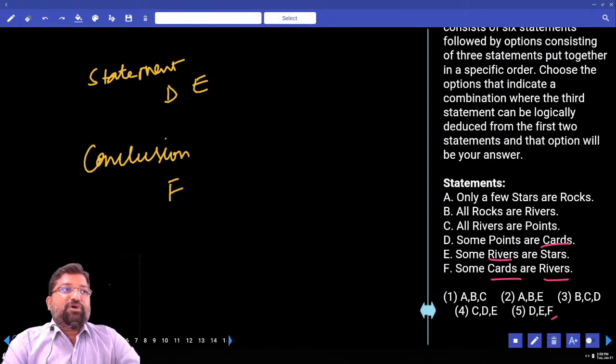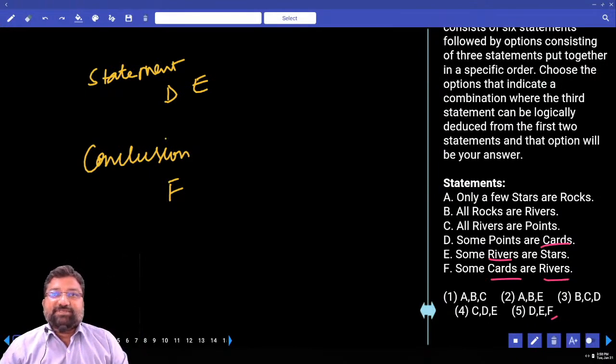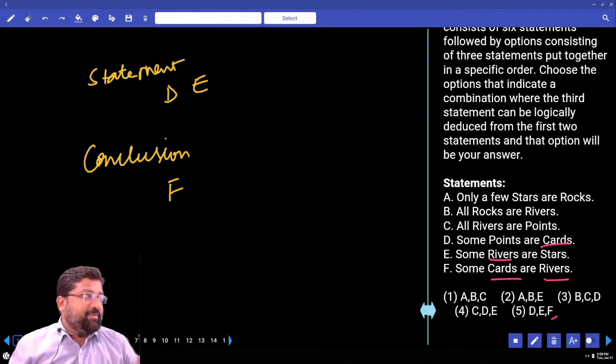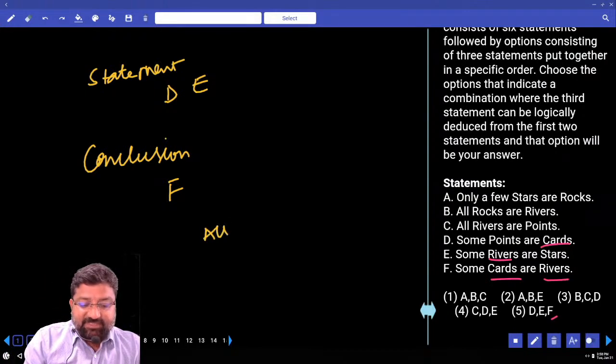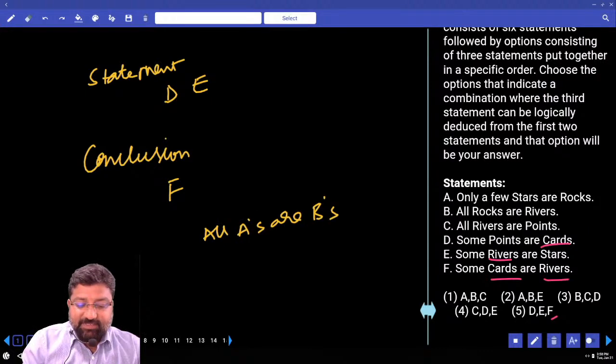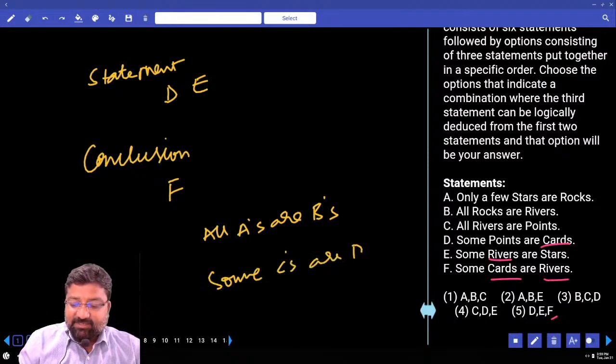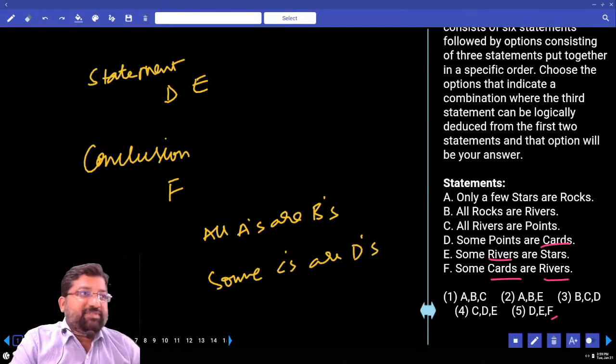If there is no common word or common letter, you will get 2 separate diagrams for each statement. If there is a common one, then we will get a common thing. For example, if I say all A's are B's and I say some C's are D's. Is there anything common between these 2 statements?